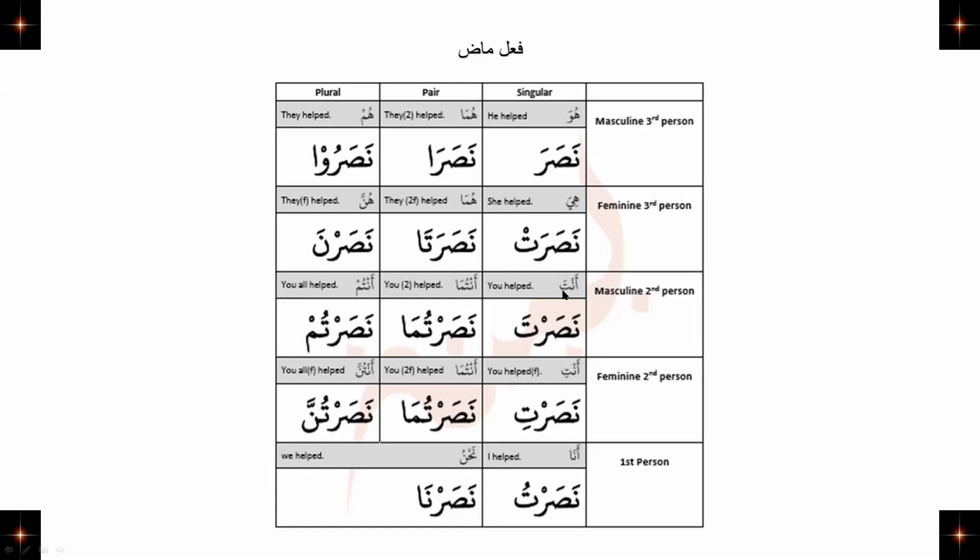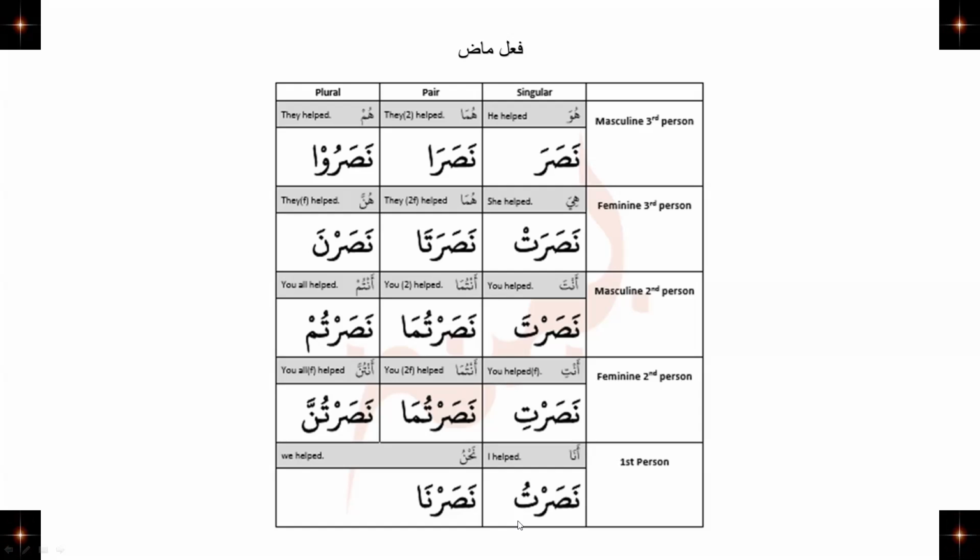Okay. Nasarta, anta; nasartuma, antuma; nasartum, antum; nasarti, anti; nasartuma, antuma; nasartunna, antunna; and then ana, nasartu. This one is very unique for ana. Ana is I. Please, some of you who speak French, ana might seem like it means something else, but in Arabic it means I. When we are talking about an action, I will say: I learned, ta'allamtu.